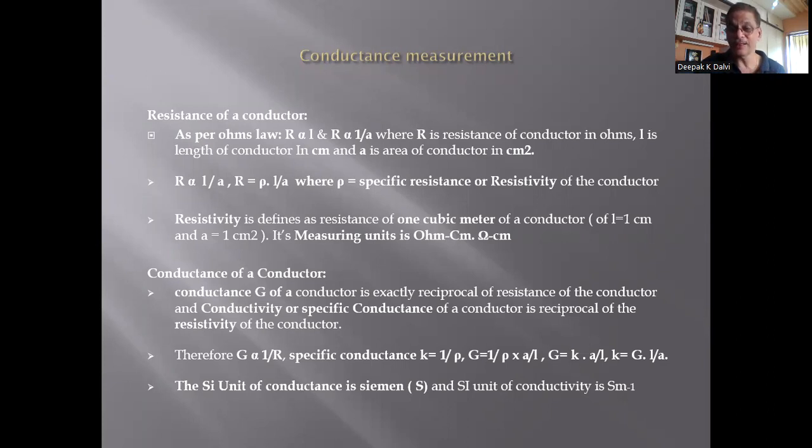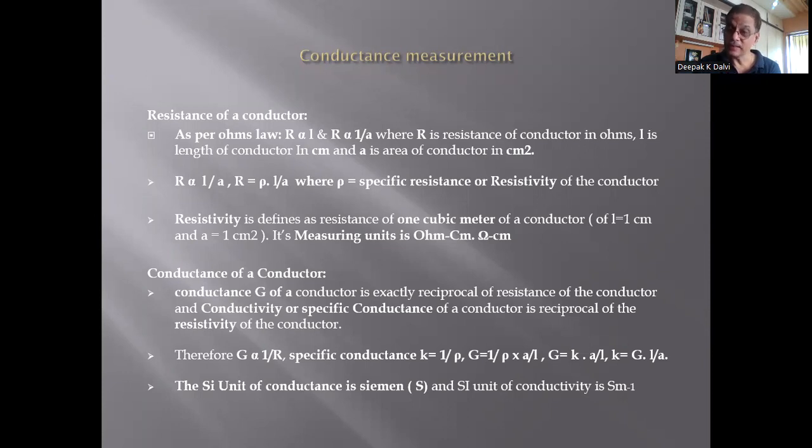It means the electrical force acting against the direction of the current is high. That is called resistance. That force is resisting the current to flow in the conductor, and it is directly proportional to the length. Higher the length, longer the distance, the resistance to the flow of current will be high.